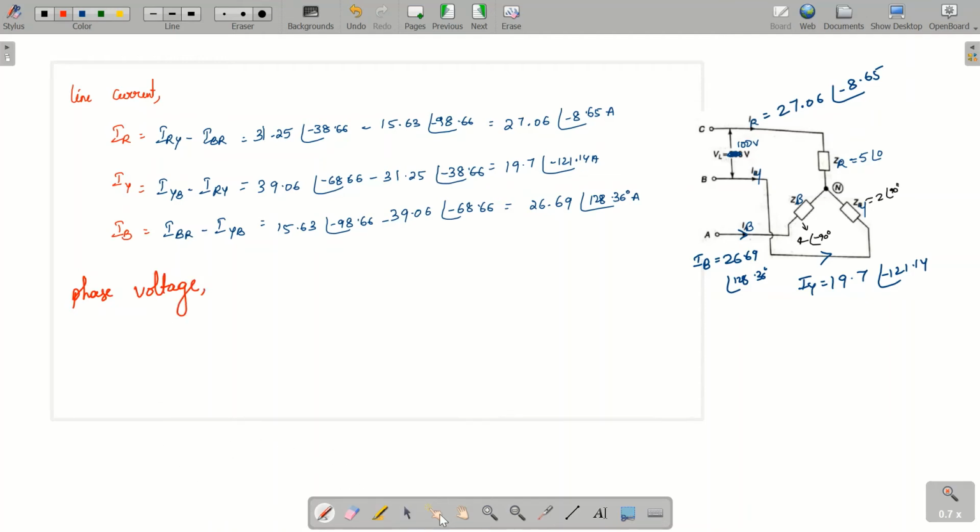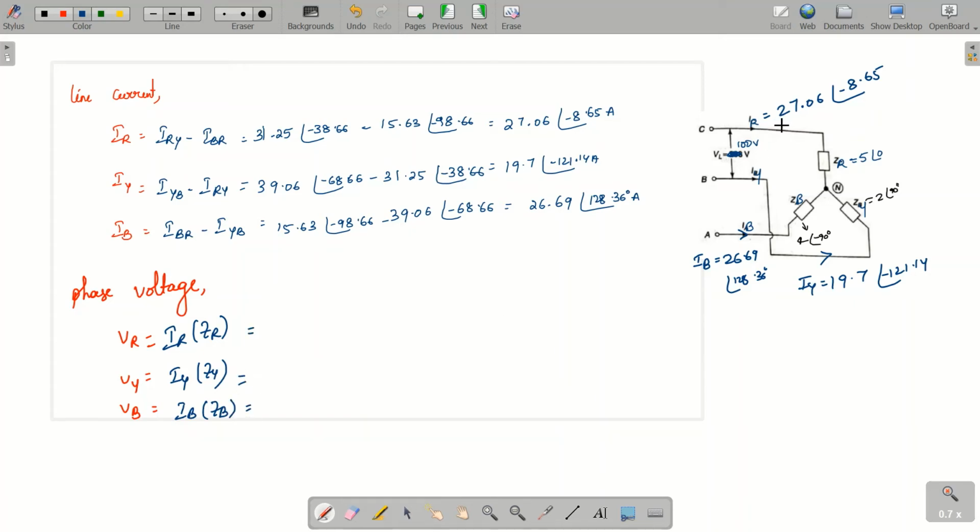How am I going to get my phase voltages VR, VY, VB? This will be the IR current into ZR, the IY current into ZY, and the IB current into ZB.